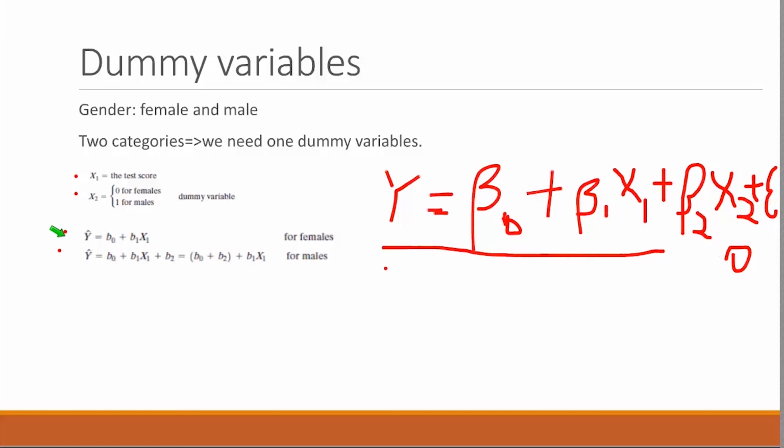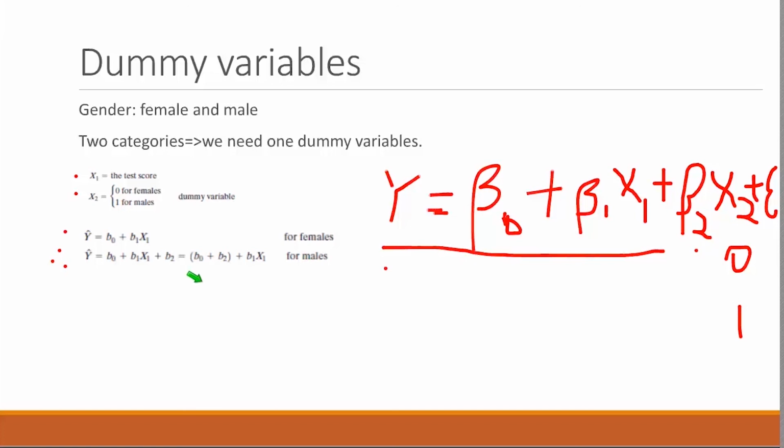Of course, this is the estimated regression line. And then for male, x2 takes a value of 1, so 1 times beta 2 becomes beta 2. And that's why you see the equation for male is y hat equal to b0 plus b1 x1 plus b2, because x2 is equal to 1.